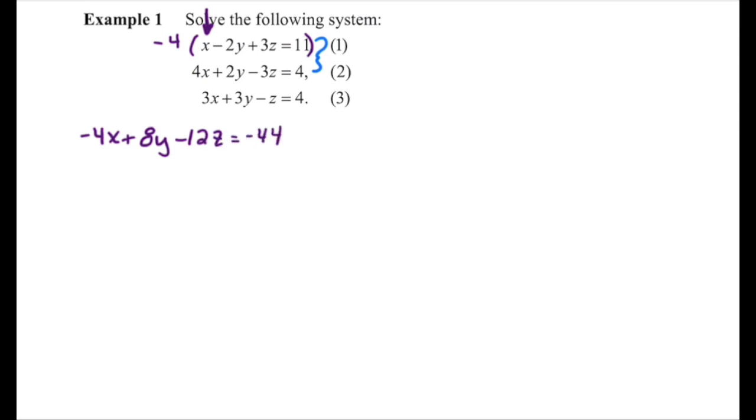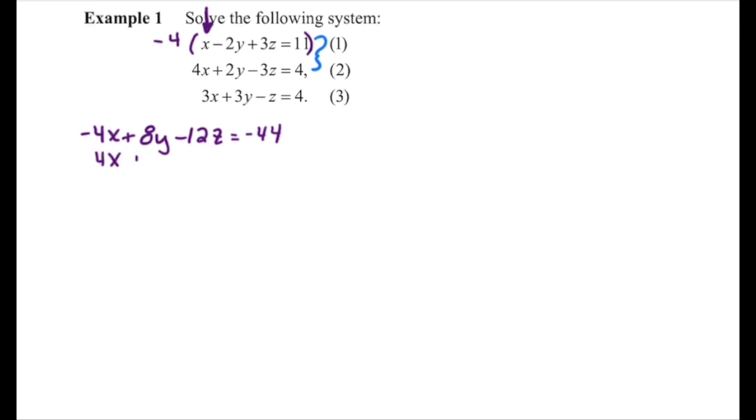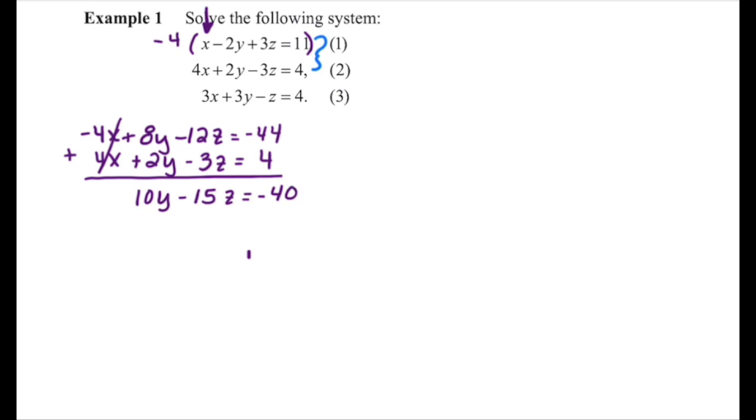Since the second equation already has the 4x, the opposite but same value for my coefficient, I'm just going to rewrite it as 4x plus 2y minus 3z equals 4. And then add these together. Our x variables will end up canceling, leaving me with 10y minus 15z is equal to negative 40.